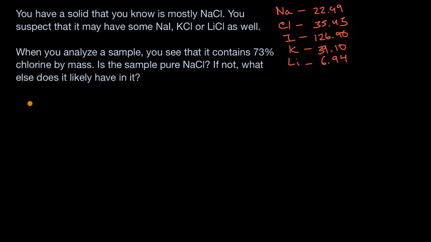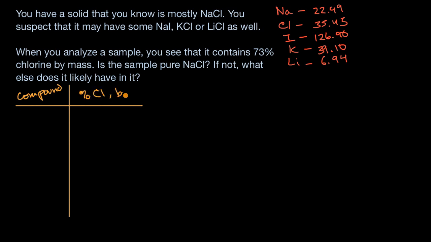And so let's first think about sodium chloride. Actually, let me make a little table here. I think that'll be the most useful thing to do. So here I will put the various compounds, and here I will put the percent Cl by mass. So first we can think about sodium chloride.